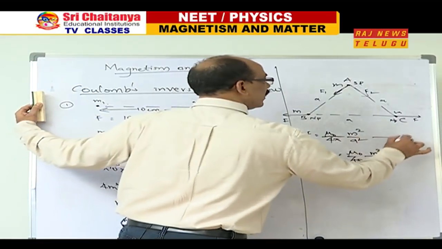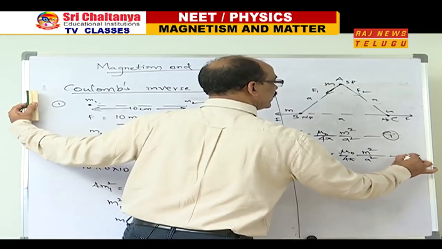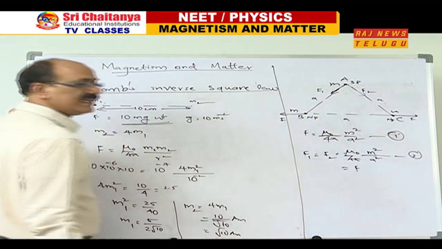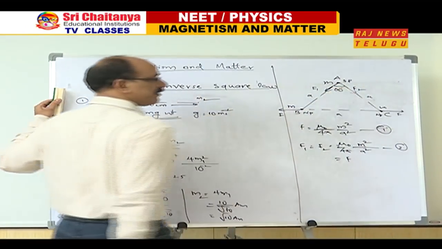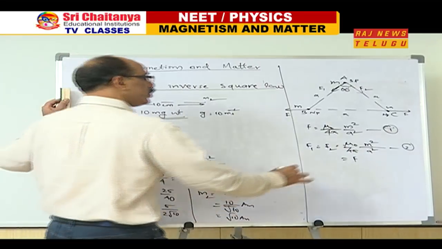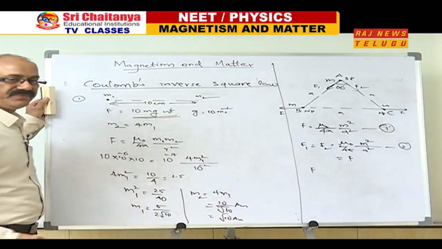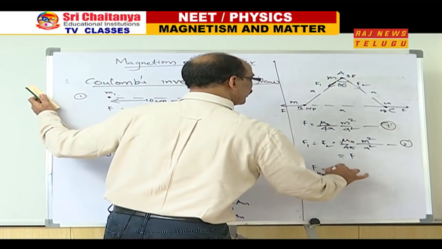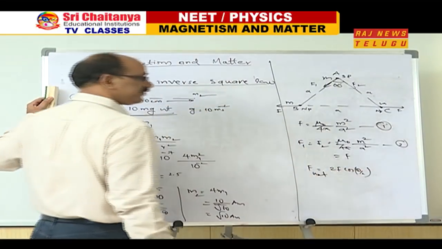So it is same as what is given as F from equation 1, that is F1 and F2 are also equal to F, but they happen to be acting at an angle of 60 degrees. If two equal magnitude vectors are acting at an angle theta between them, then the magnitude of the resultant we can find using the expression 2F cos of theta by 2.